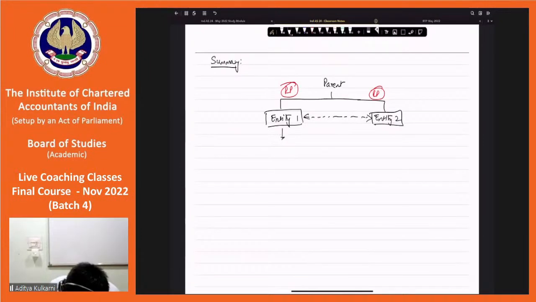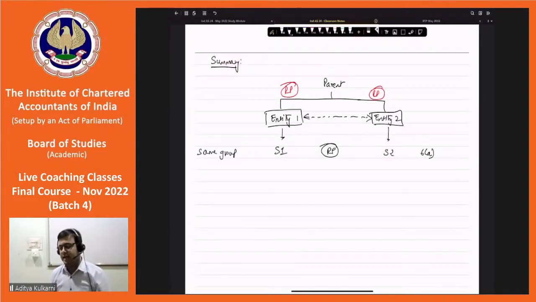If entity 1 is a subsidiary and entity 2 also is a subsidiary, then by virtue of clause 6a, same group, these become related parties.